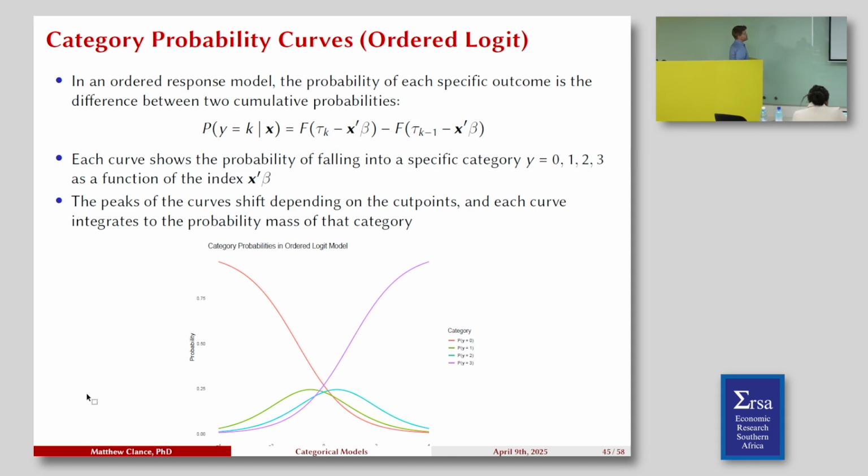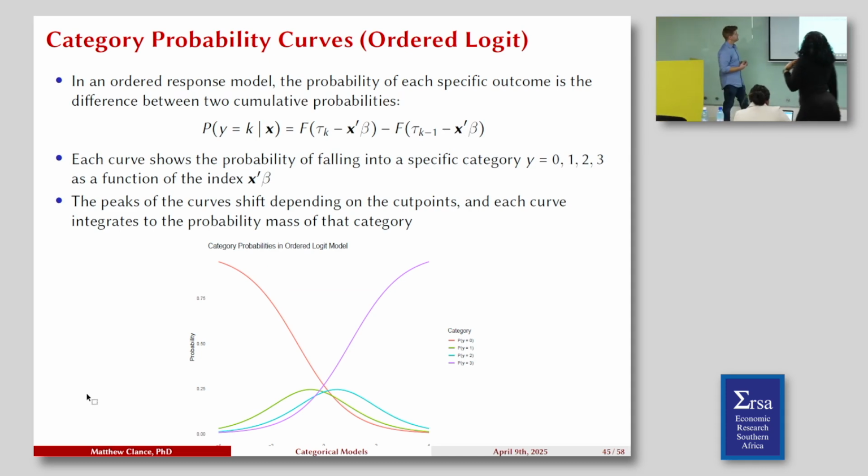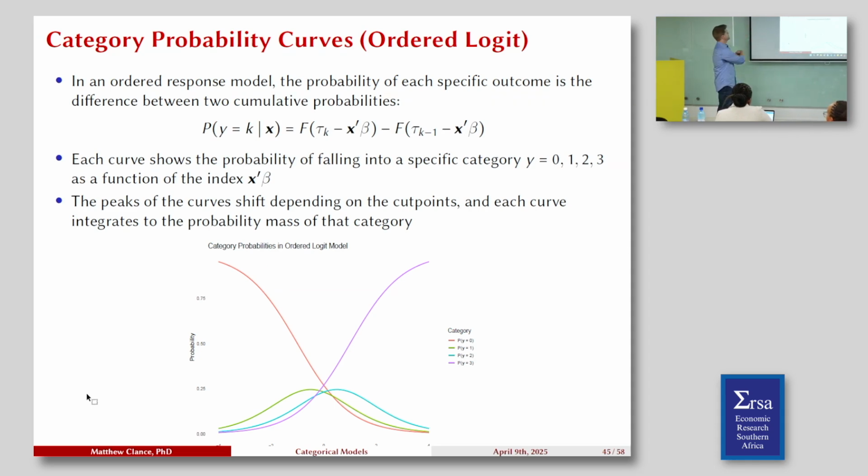So when we think about the probability curves, again, this is simulated data. It's not meant to be used for everything, but in an ordered response, the probability of each specific outcome is the difference between two cumulative probabilities.